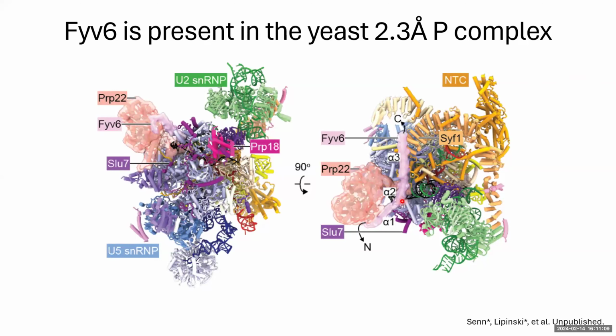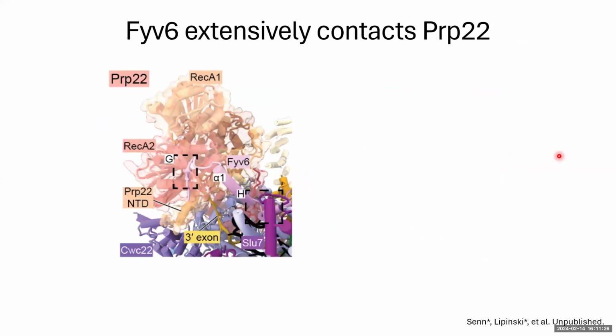And you can see here in the structure, FYV6 is this pink elongated protein composed of 3 alpha helices. And what was initially very interesting and striking to us about this structure was the extensive interaction that FYV6 has with PRP22. So here's a close-up of the structure and the N-terminus of FYV6 interacting with PRP22.